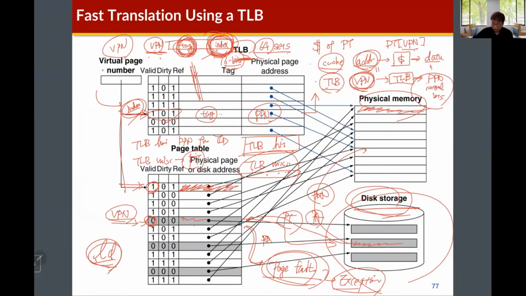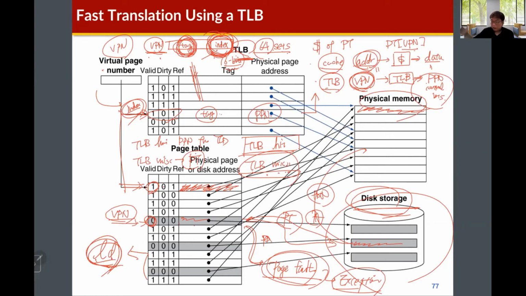It's flushed. And then we need to jump to the address of the exception handler. Then the software code in the exception handler is executed by the processor. And then we need to return to the load instruction.